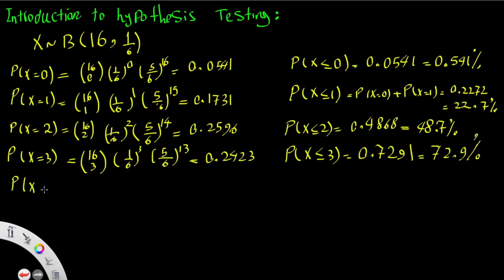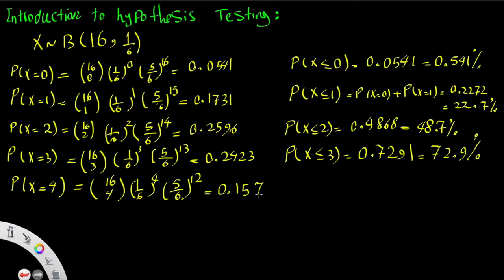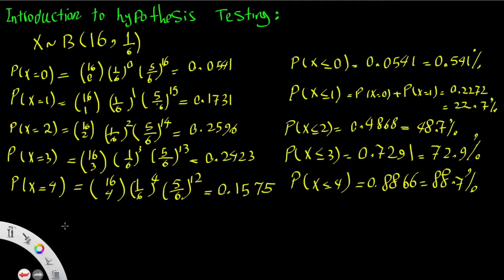Now for the case where we have 4, so combination of 16, 4, times 1 over 6 to the power of 4, times 5 over 6 to the power of 12, is equal to 0.1575. Then the probability of x less than or equal to 4 will be 0.8866, which is 88.7%.